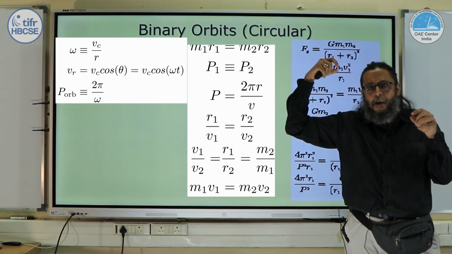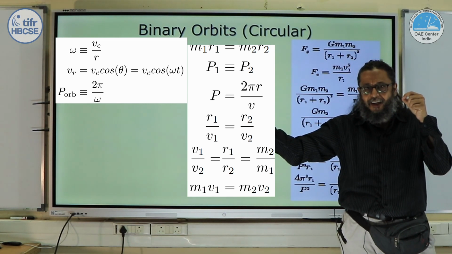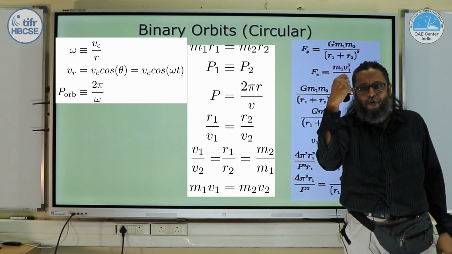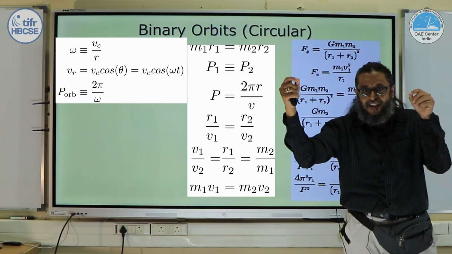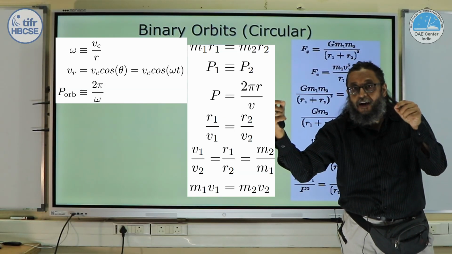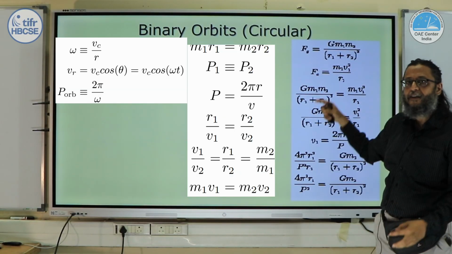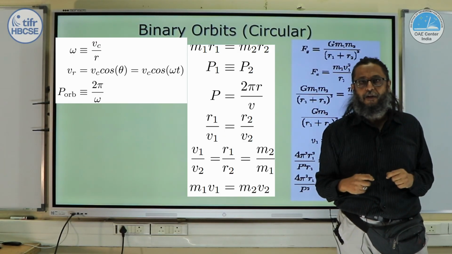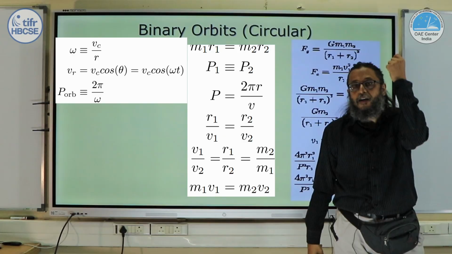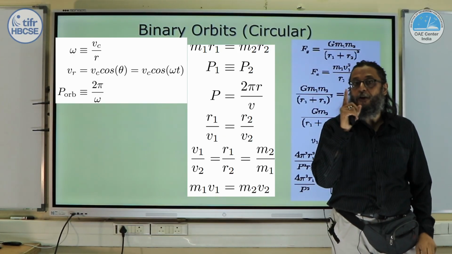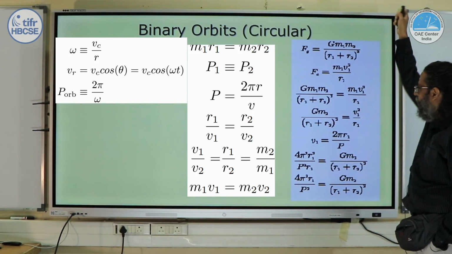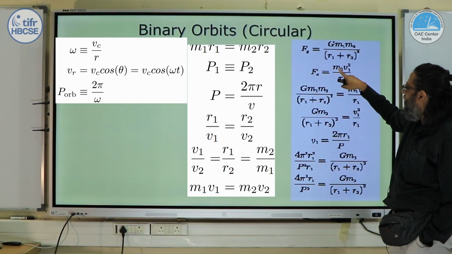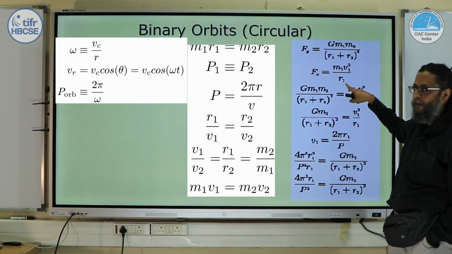If I tie a stone at the end of a string and hold it and move it in a circular path, it is the tension of the string that provides the centripetal force. Here, the two bodies are moving around due to gravity. The gravity is providing the centripetal force. Without any physical origin of the force, you will not have a centripetal force. Now, the centripetal force is m v squared upon r.